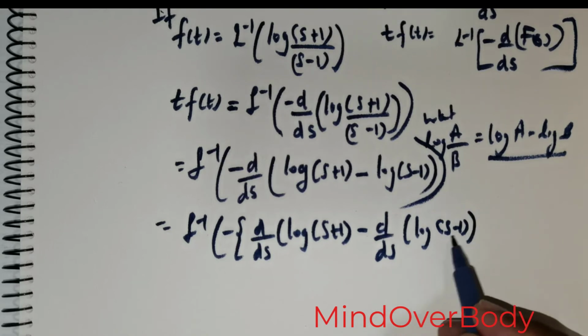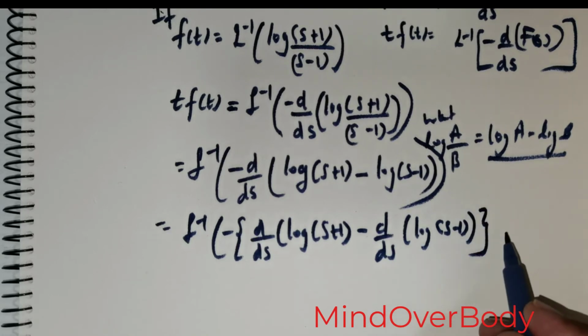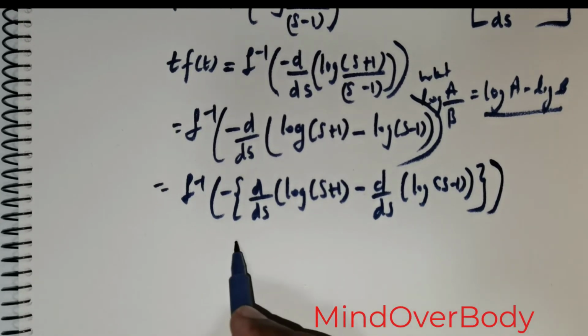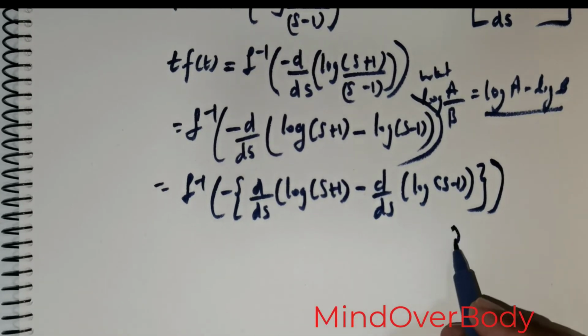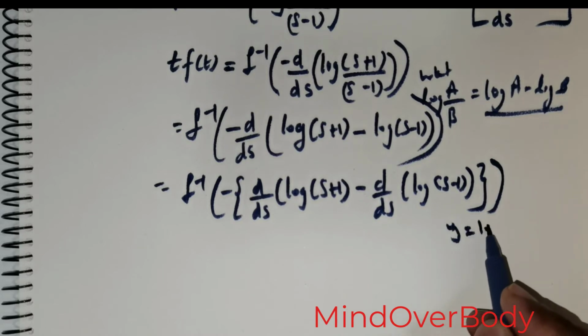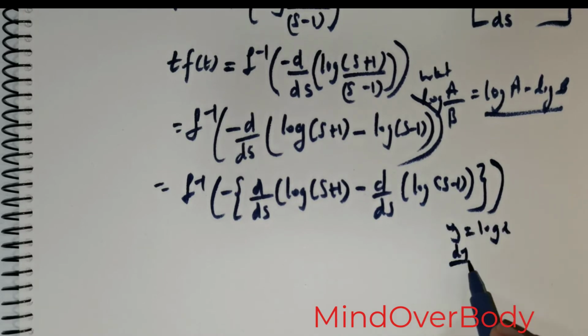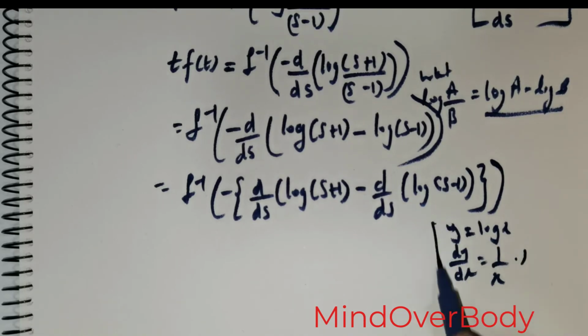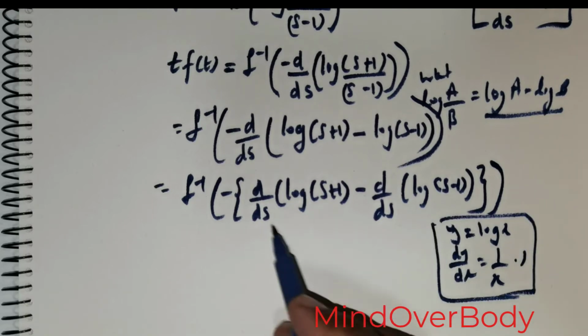Okay, this is fine, and this is what we got. Now if y is equal to log x, what is dy/dx? dy/dx is 1 over x, right? 1 over x times differentiation of x, which is 1. So you have to differentiate this.